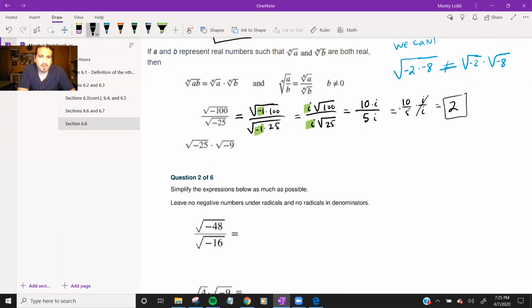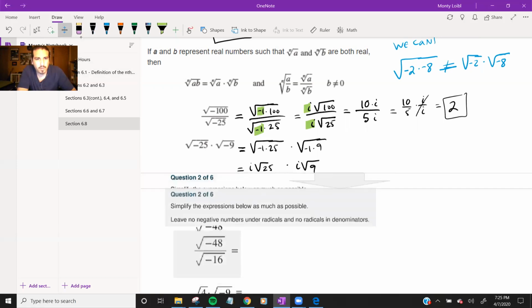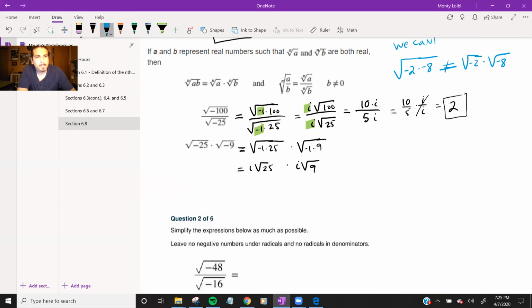Going on to the next one, it's similar to the one up above, where you're going to have the square root of -1 times 25 times the square root of -1 times 9. I'll drop the equal sign down here. Again, there's your imaginary unit, the square root of 25 and the square root of 9.